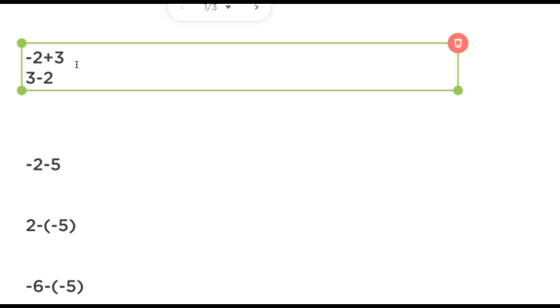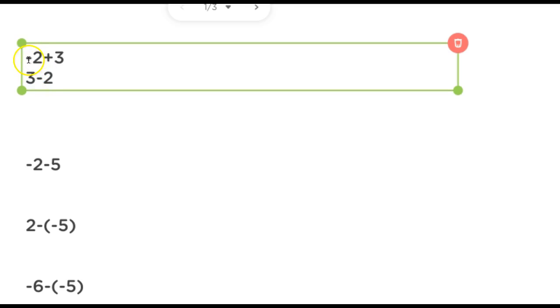Both of those decrease the value of the expression by 2. So if we're looking at -2 plus 3, the answer would be +1 because we have 3 positive and 2 that are negative. With 3 minus 2, once again, we're decreasing the value of the expression by 2.